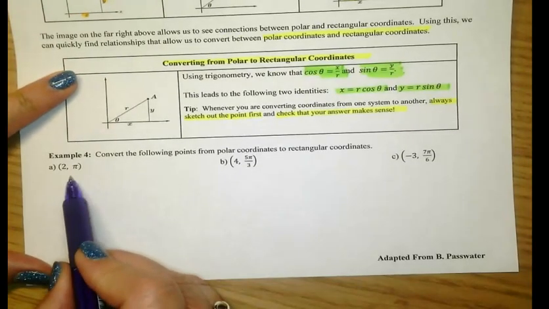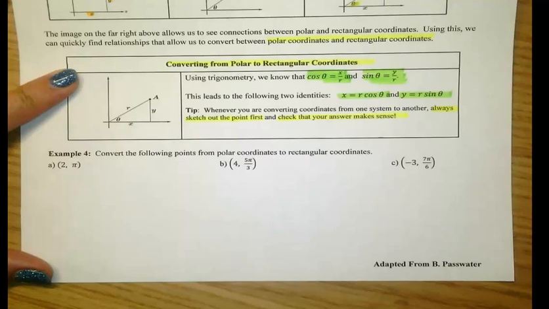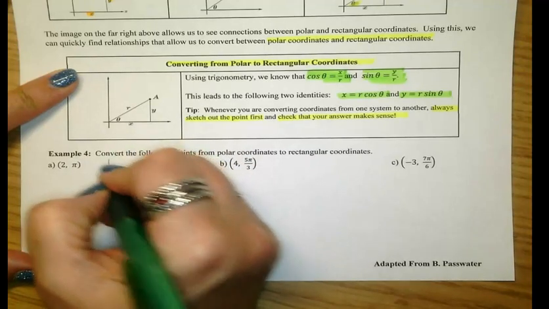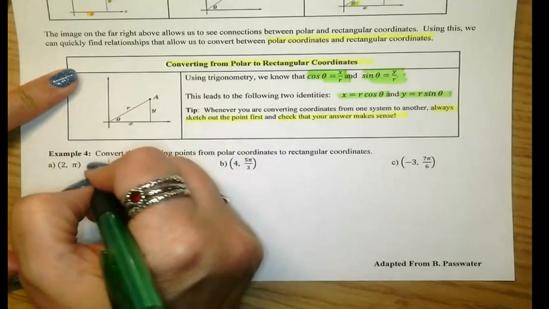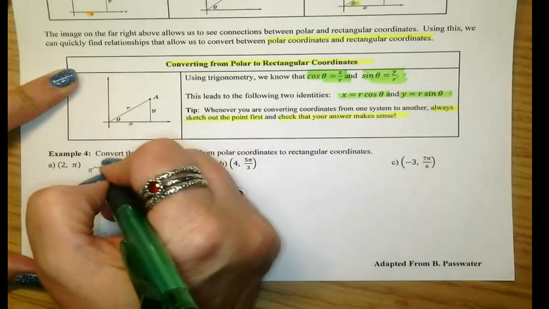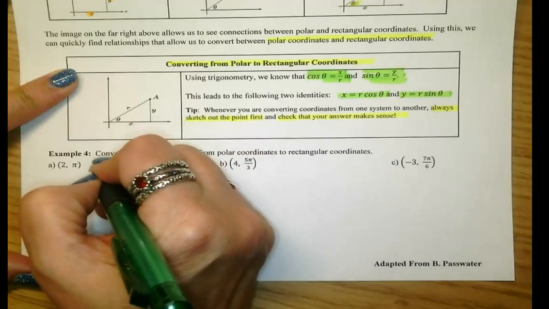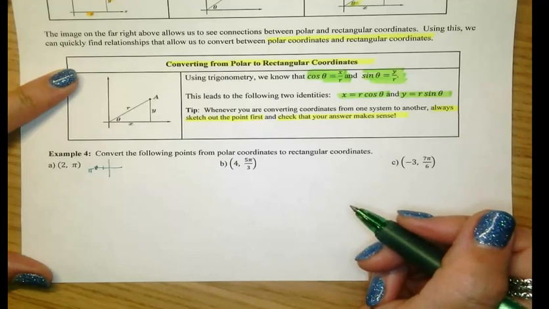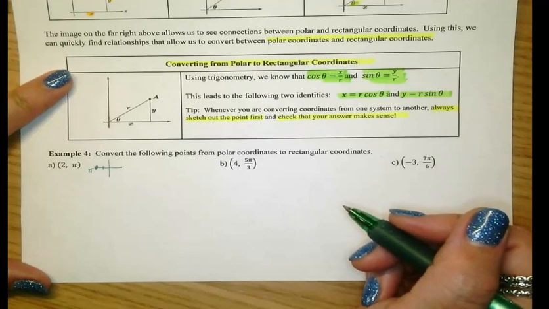Okay, so we're going to start here with (2, pi). If I plot that, remember I plot the angle first, which is over here at pi, and then I go down 1, 2, and plot my point. So that's the graph.